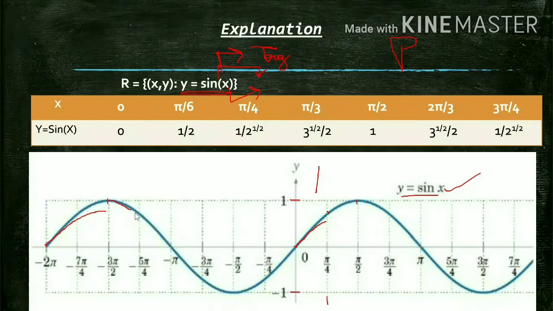On further moving, it decreases and similarly assumes the value 0 at x equal to pi and x equal to minus pi. Then it goes in the negative direction. So this is the path of the function up till here. After that, it again follows the same path, and after that also it follows the same path only. So it is basically a periodic function.